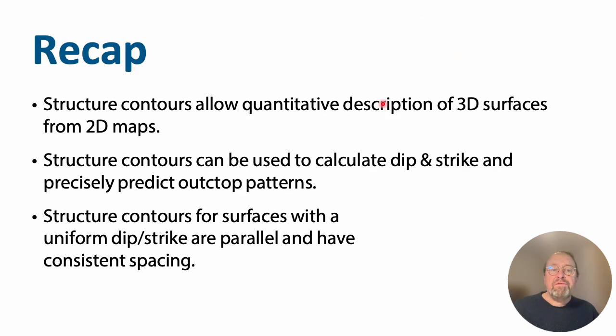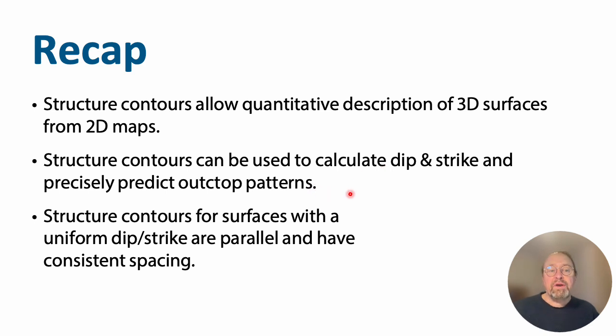So you may remember from the previous lectures how we've been using structure contours. They allow us to see how 3D surfaces behave and how they can be depicted on 2D maps, and we use structure contours to calculate the strike and the dip, and by comparing the structure contours with topographic contours we can predict outcrop patterns.